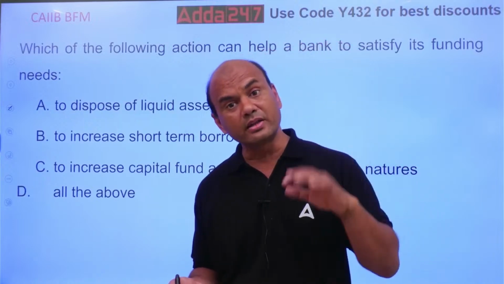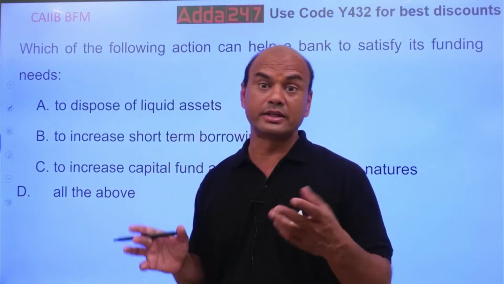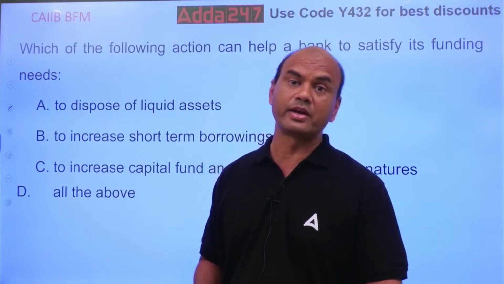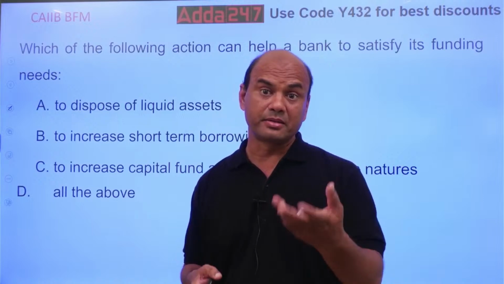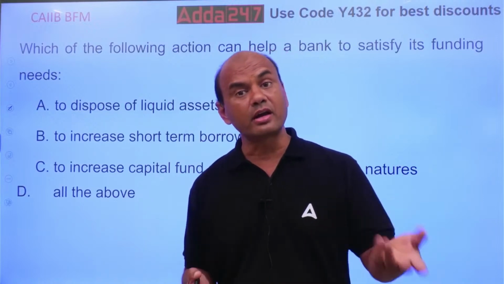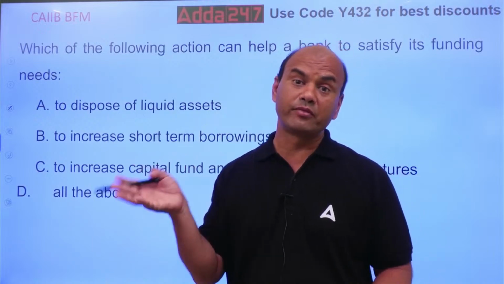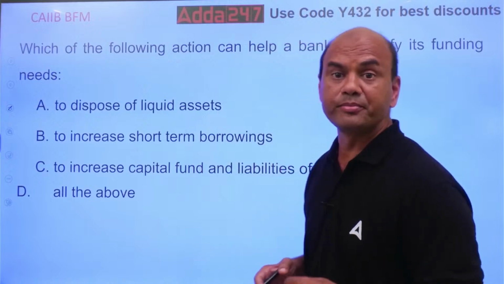But if I'm getting the money in the form of FD at 7%, it's not okay. Because the rate of interest for this is 3.5, the rate of interest for this is 7. Double. If I'm having more current accounts, 0. I don't have to pay any interest. But if I'm having more FDs, 7%, 7.5. So that is the problem.